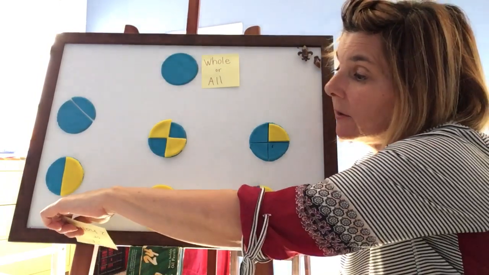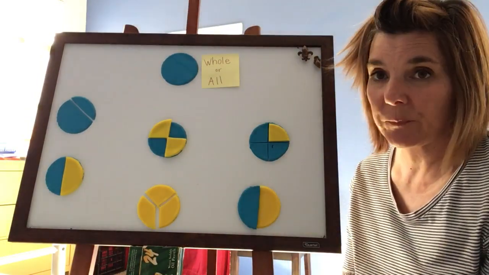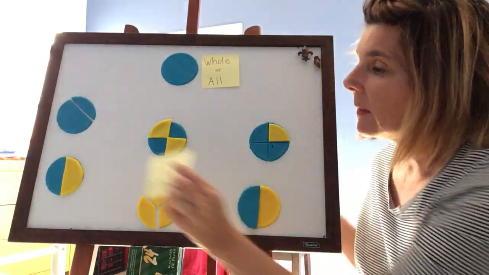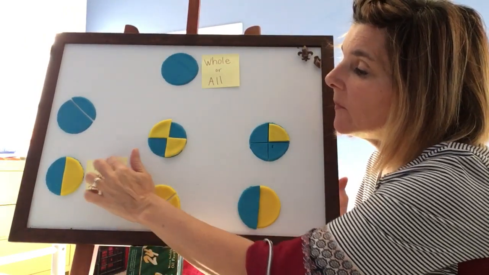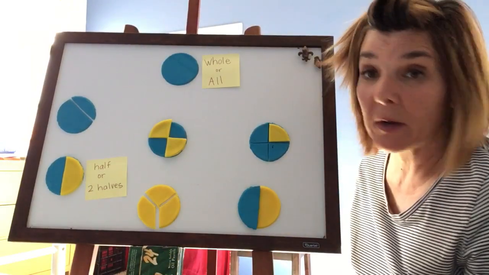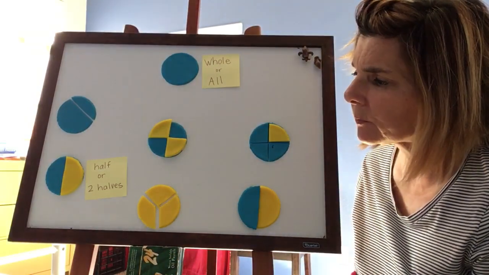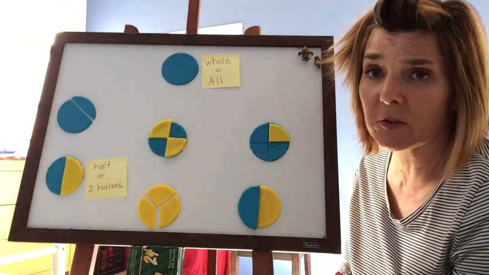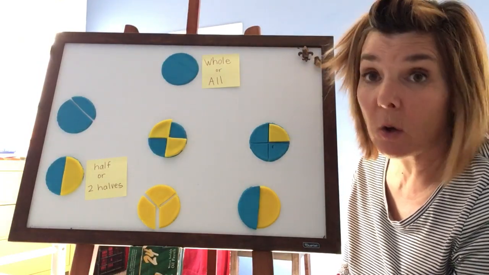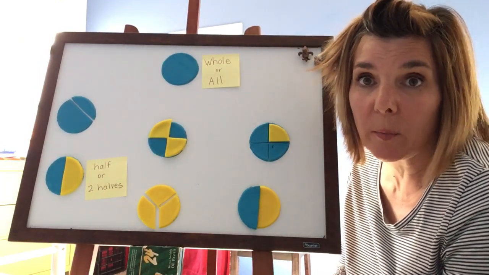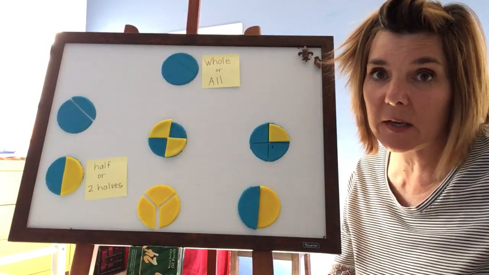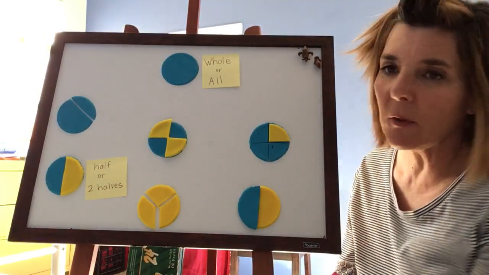I see one here and I see one here. I can use my fraction vocabulary half. One half of the circle is blue. Or I can say the circle has two halves. I can also say that the circle has equal parts. It's divided equally.